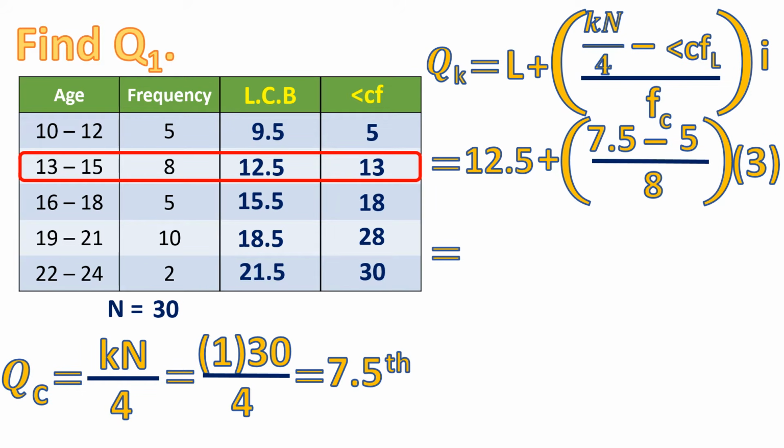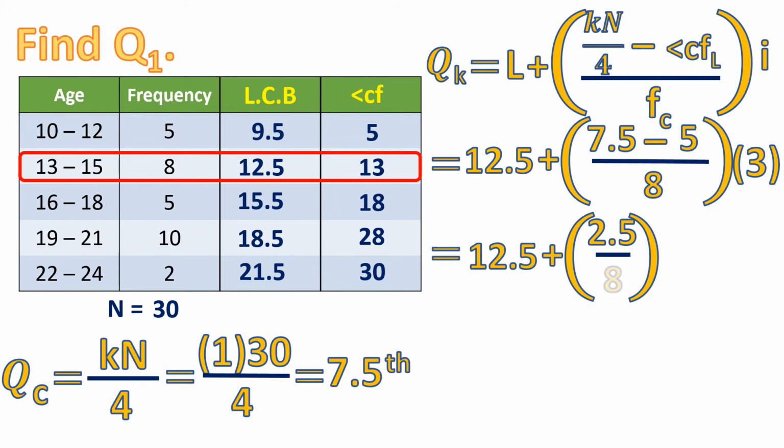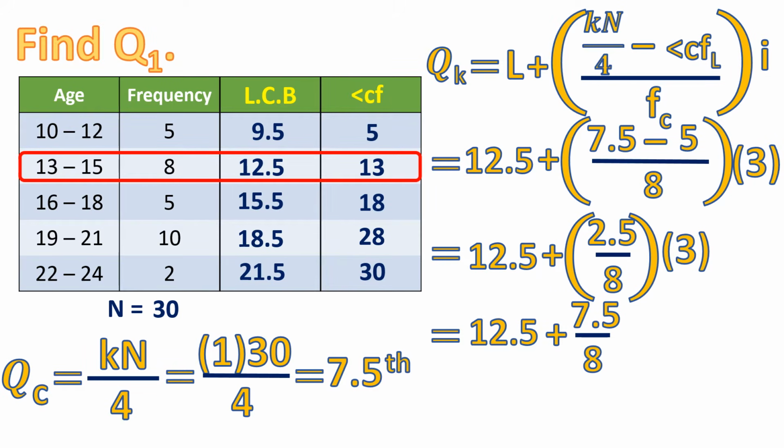Now, let's continue. We're going to solve first inside the parentheses. So it will be 7.5 minus 5, which is 2.5, over 8, times 3. And this is equal to, copy 12.5 plus, 2.5 times 3 is 7.5 over 8, which is equal to dividing 7.5 by 8.